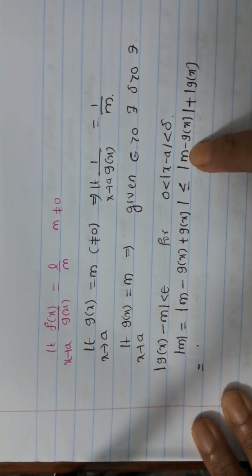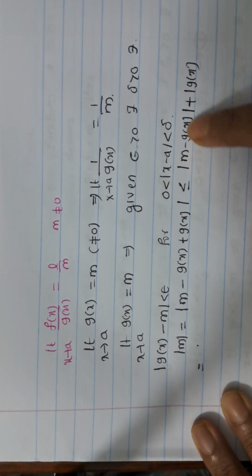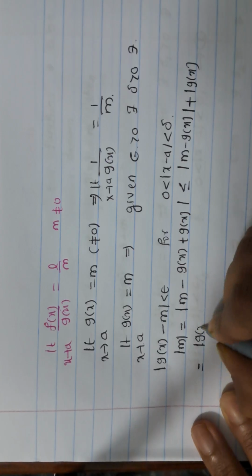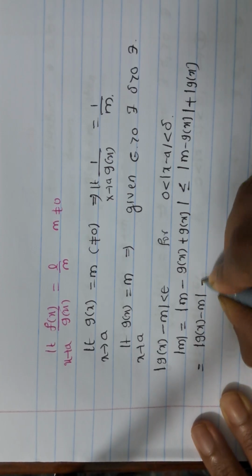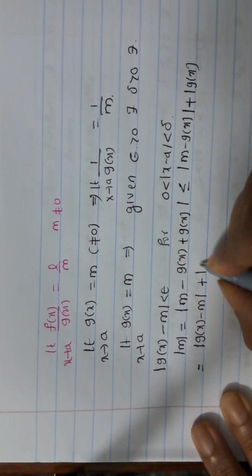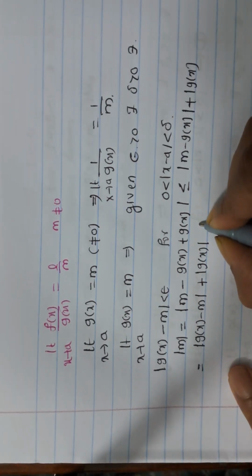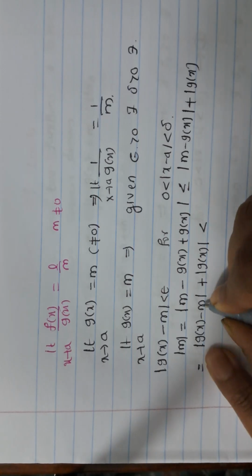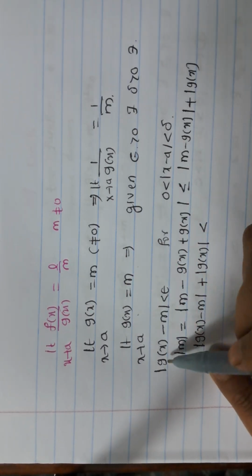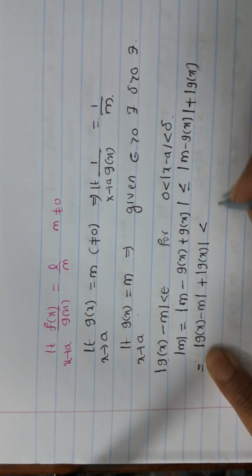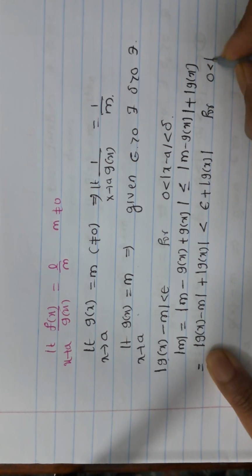Whether it is m minus g(x) or g(x) minus m, in the modulus it is the same, because it is a positive quantity. So I write this as modulus of g(x) minus m plus modulus of g(x). Now, by the limit definition we started with, modulus of g(x) minus m is less than epsilon. So this is less than epsilon plus modulus of g(x). This is true for 0 less than modulus of x minus a, which is less than delta.